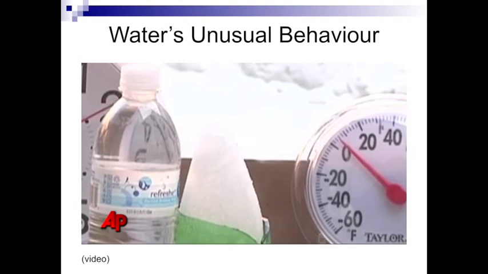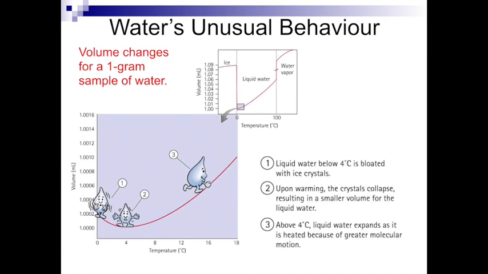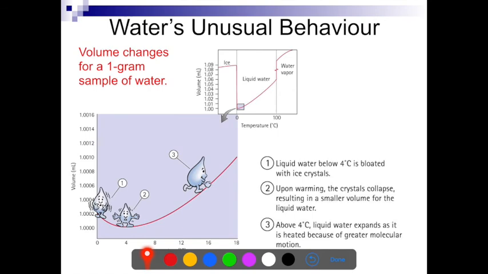Let's look at this figure here, this graph here, showing how the volume of water changes as the temperature changes. So the y-axis here tells us the volume of water, and the x-axis here tells us the temperature of the water.